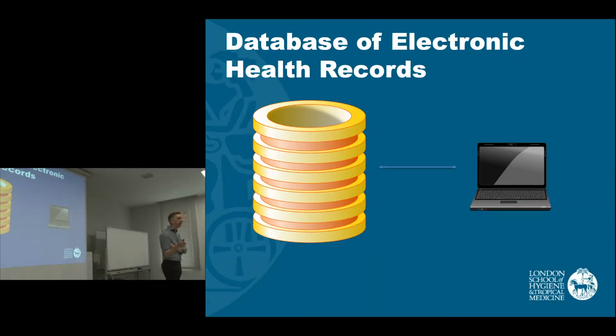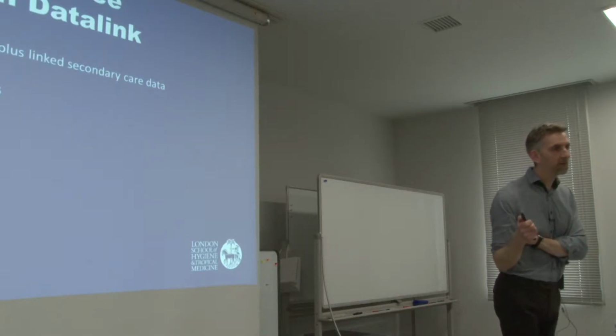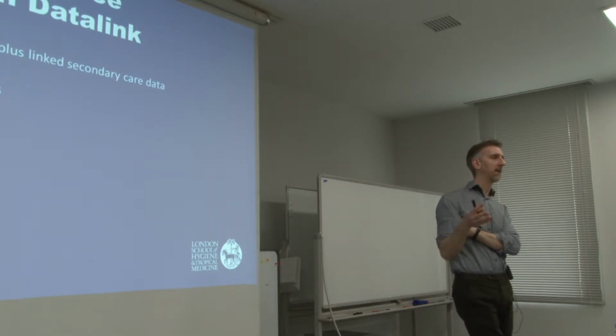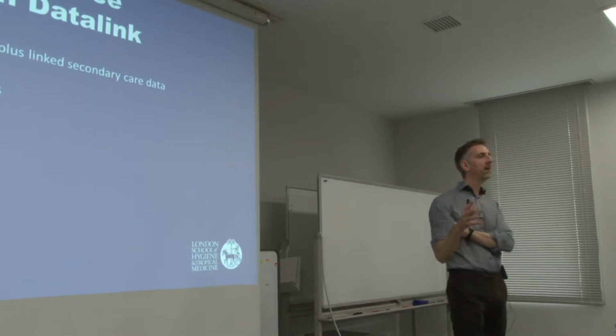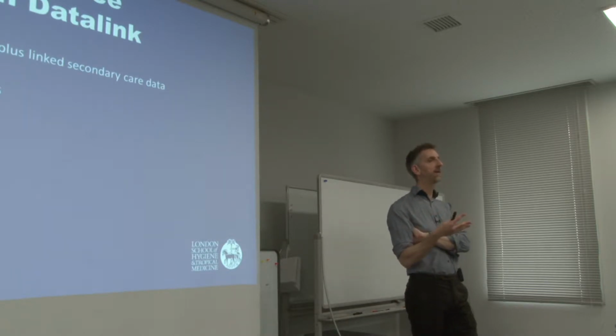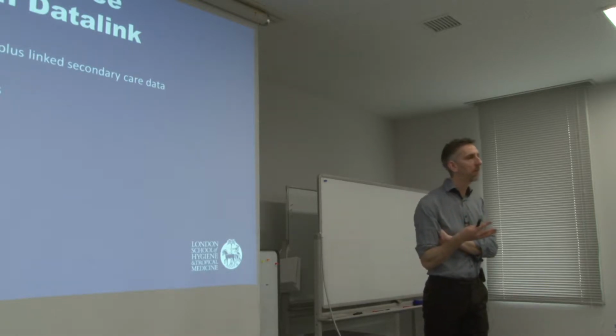Well, fortunately, there are lots of databases available containing these electronic health records where we can do these kinds of studies. The example I'm going to give you, because it's the one I know, is the Clinical Practice Research Data Link. It's a UK-wide database which contains primary care data and a little bit of linked secondary care data, so we have some hospital data included in there as well.